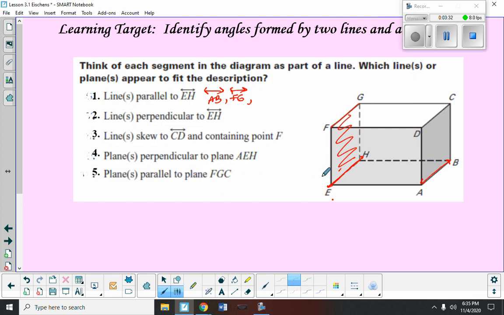And then actually, line CD is also parallel. And you might be thinking, well, wait a minute, is there a plane? Yes, you could lay a piece of paper diagonally across here, and that is a plane that would contain both of those lines, and they will not intersect. All right, let me erase that.